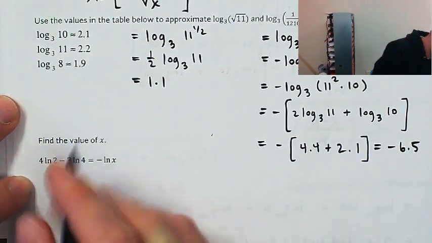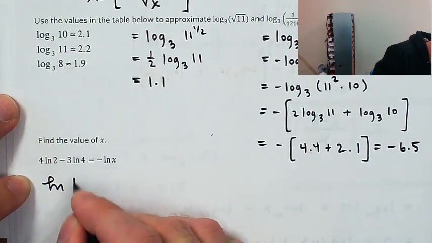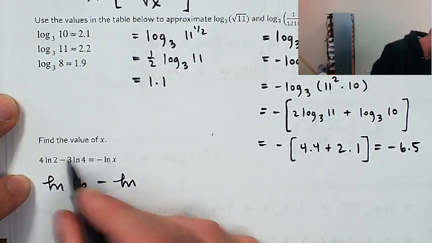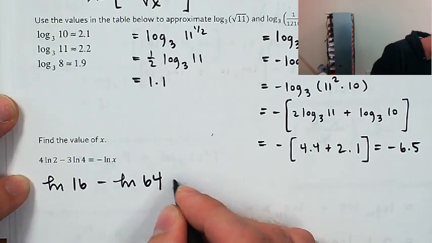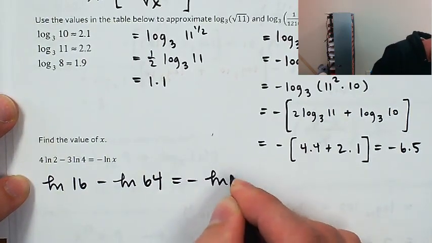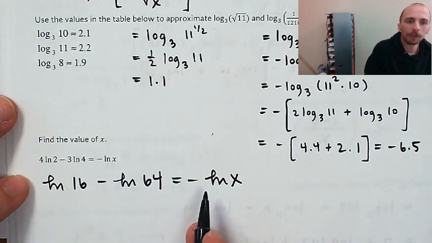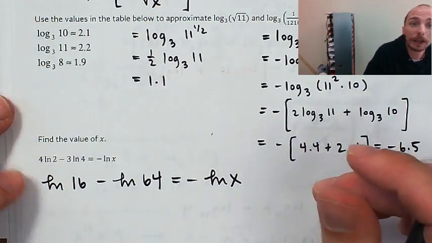All right, now we're going to find the value of x. So this is natural log of 2 to the 4, which is 16, minus the natural log of 4 cubed, which is 64, is equal to the negative of log x. I think I'm going to just deal with this negativity later.